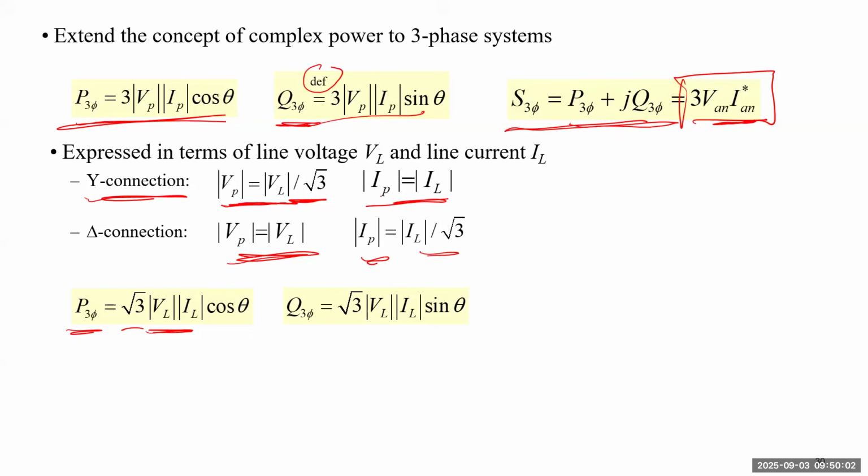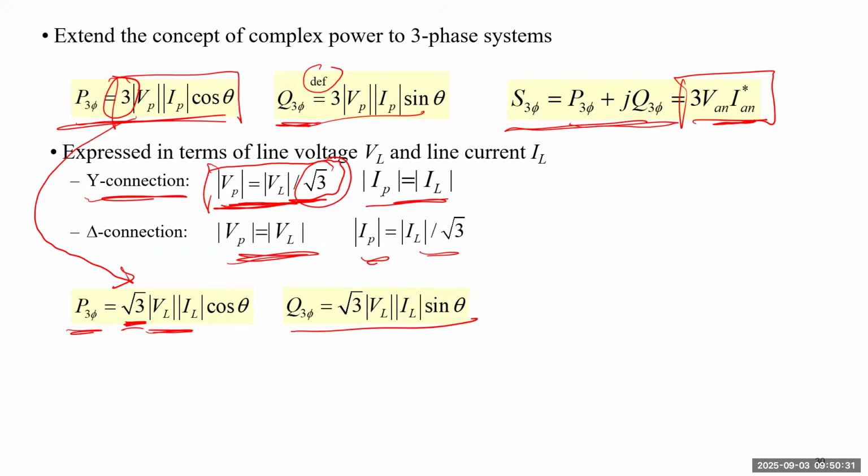This is because when we translate this, the phase voltage has to be replaced by the line-to-line voltage divided by 1.73. So this factor will cancel with this 3 by 1.73, so there's 1.73 left.